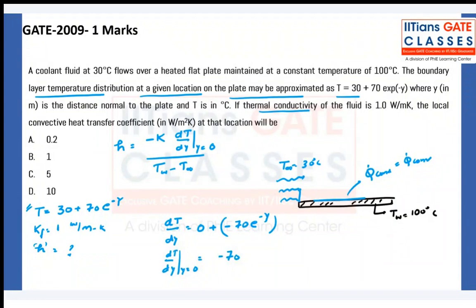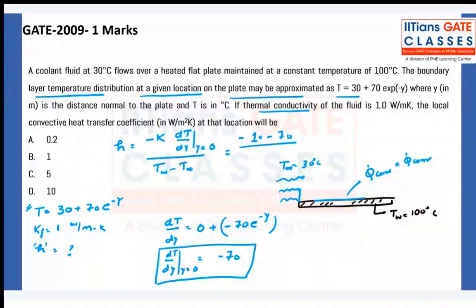So I can write minus 1 into minus 70 upon 100 minus 30. So what is the answer? B is the right answer. Very nice. It is 70 by 71 watt per meter square Kelvin. Is it clear, everyone?